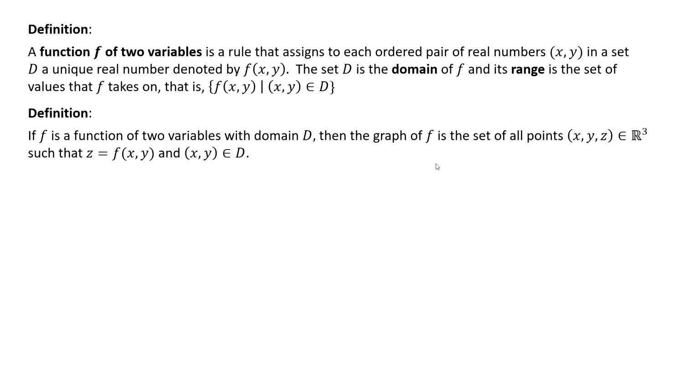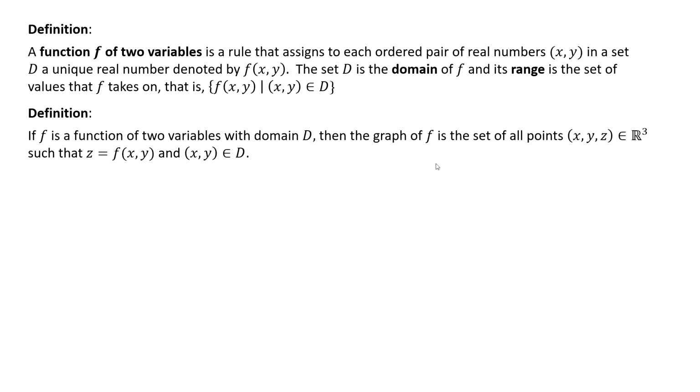Here, slightly different. We pick different values for x and y and figure out the corresponding z. So that's how we have a set of ordered triples x, y, and z. And we plot all those points. But interestingly, let me see if you can answer this.